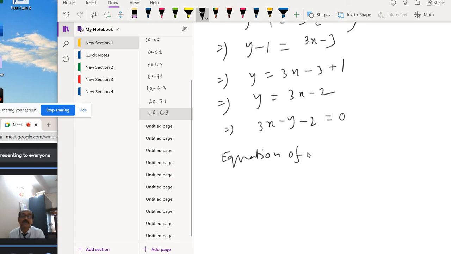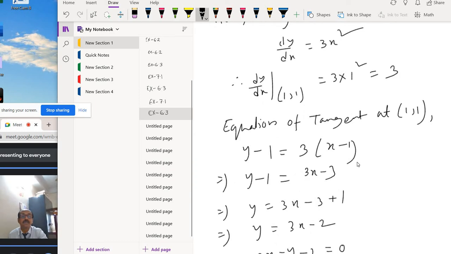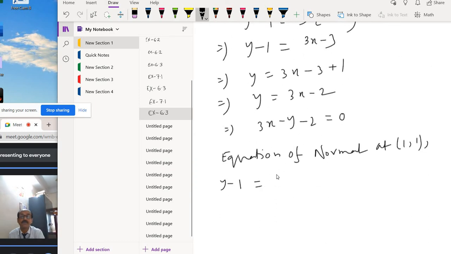Equation of normal at 1 point, at 1. So y minus 1 equal to, and slope is 3, so normal slope is minus 1 by 3, minus 1 by 3 into x minus 1.